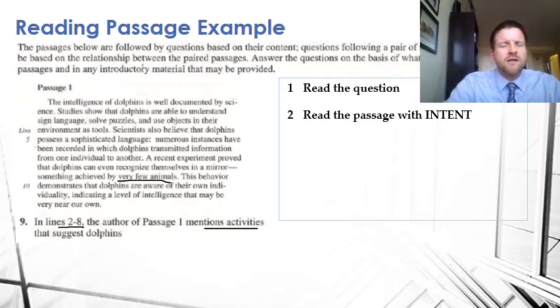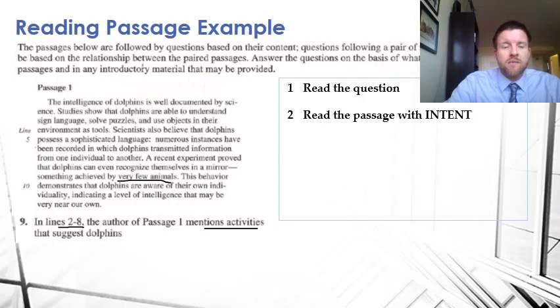So what is the author mentioning? Activities that suggest dolphins do what? The activities mentioned here are solving puzzles, understanding sign language, using objects as tools. What do they suggest about dolphins? Perhaps they suggest dolphins have varied skills, or are very intelligent, or perhaps more intelligent than most animals, right?